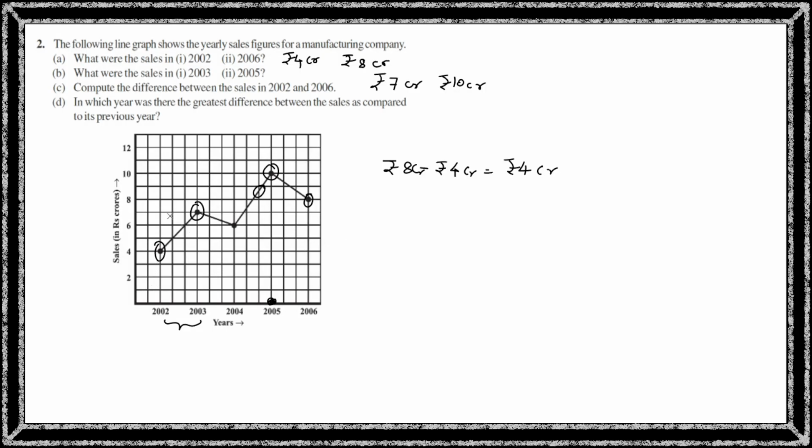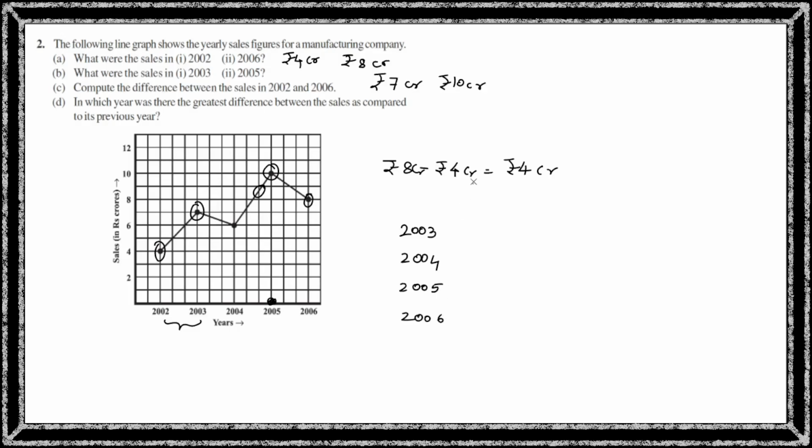And then the D bit you have, in which year was there the greatest difference between the sales as compared to the previous year? So for that, let us look at the difference for all the years: 2003, 2004, 5 and 6.